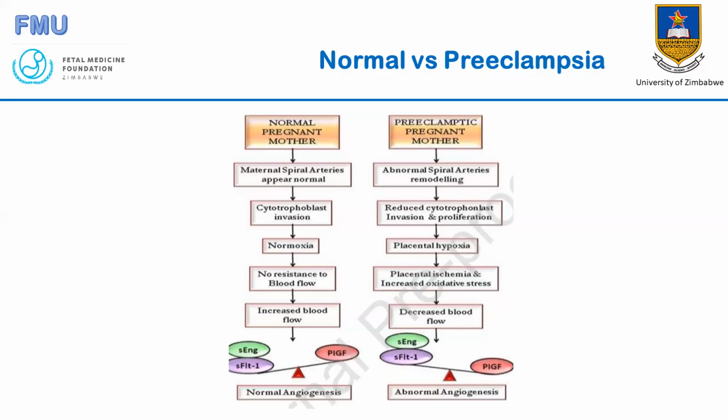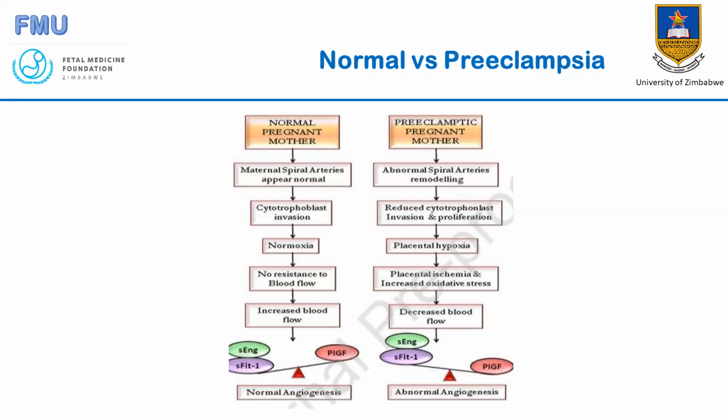So what will be the consequences? In the normal pregnant woman, there will be normal angiogenesis because there will be more placental growth factor in comparison to the soluble endoglin as well as the sFlt-1.